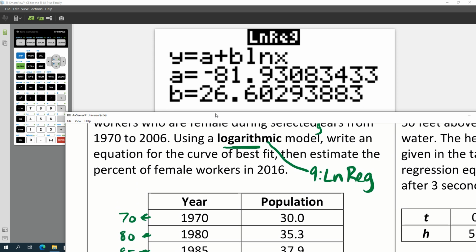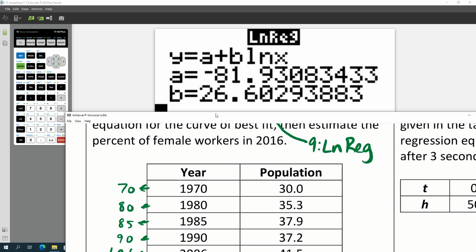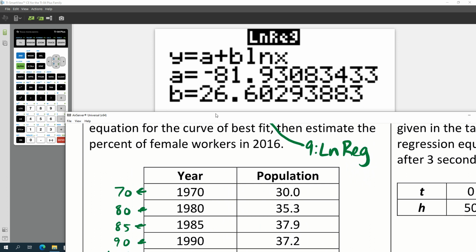Then estimate the percent of female workers in 2016. So 2006 was 106, so 2016 should be 116 that we put in for X.